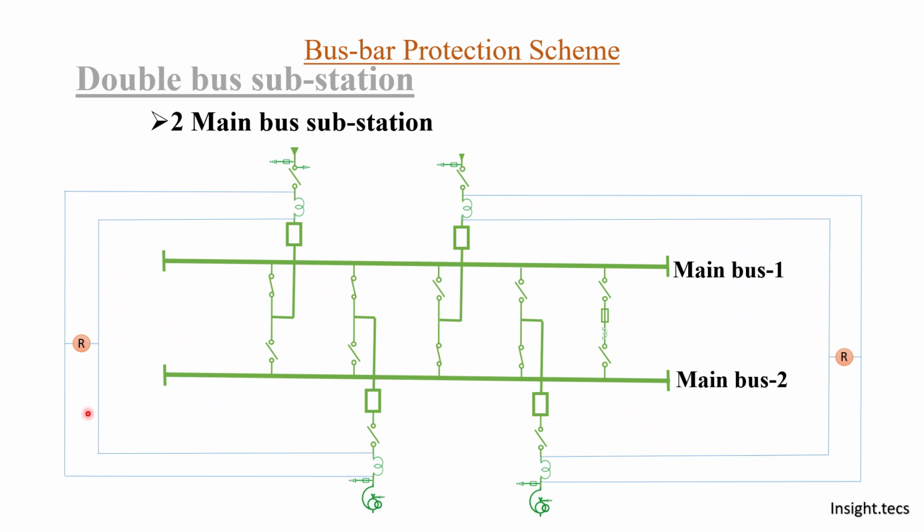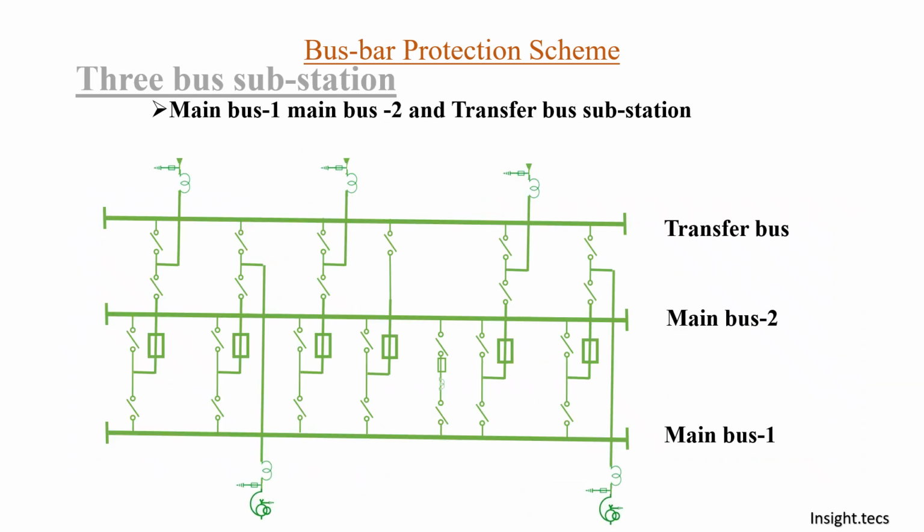If there is a difference of current between these 2 CT, this relay will operate and bus bar 1 protection scheme will operate. Similarly, for bus bar 2, the difference between the feeders connected on bus bar 2 will be observed by this relay, and that is how the bus bar protection scheme works.